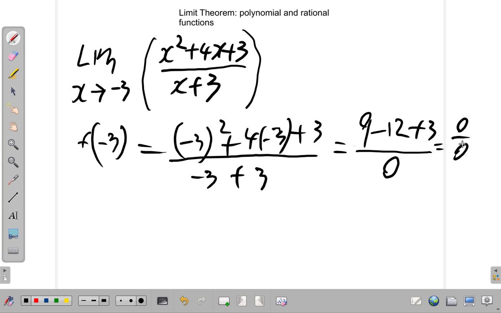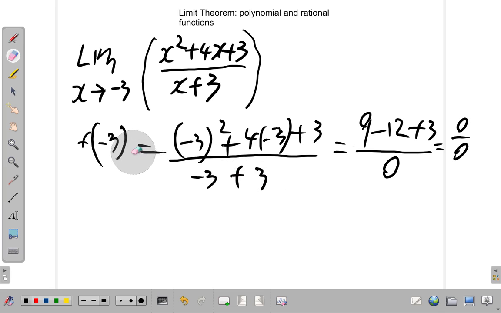First of all, you cannot say this is 1 just because you have 0 over 0. And the other thing that you consider is that you're not allowed to divide by 0. So it is in an indeterminate form. So we have to go back and do something else.